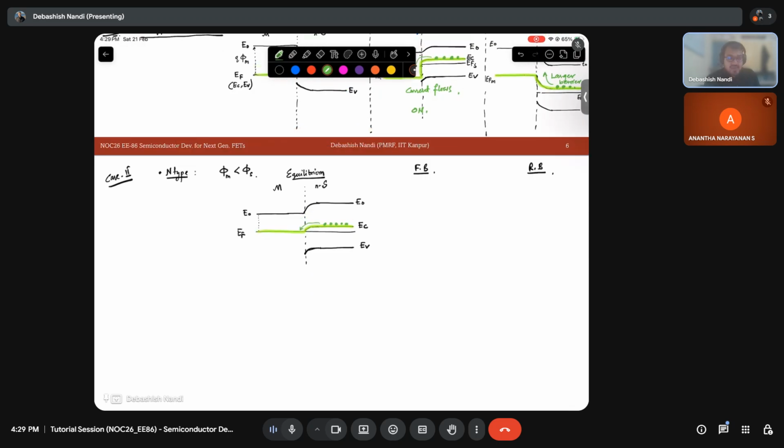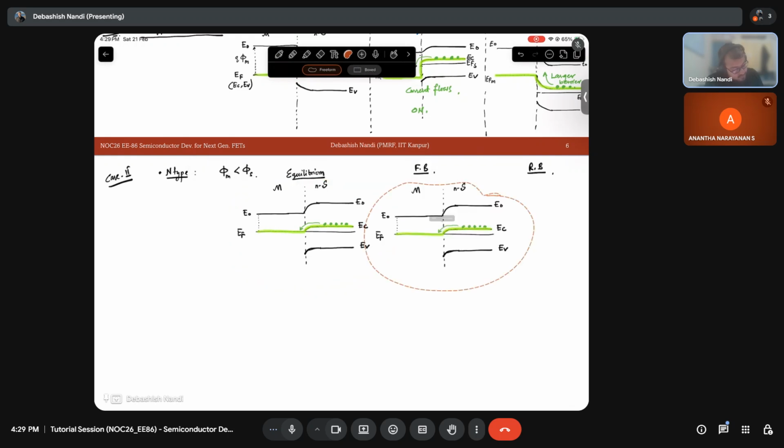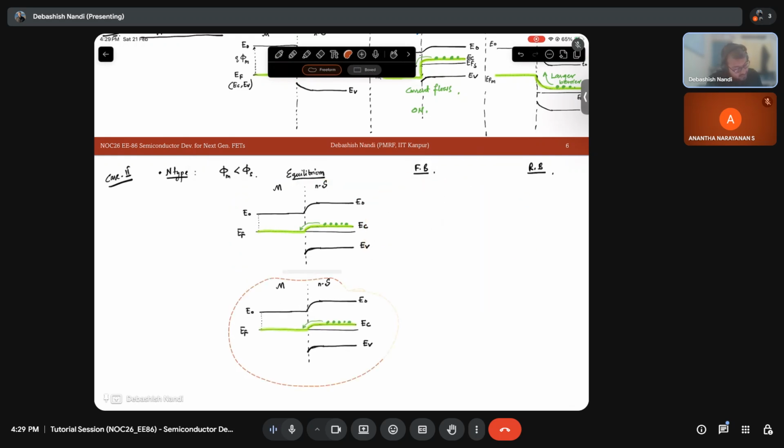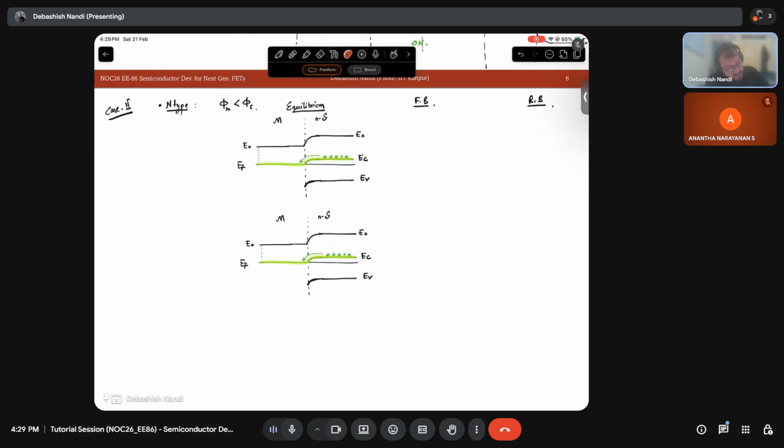Similarly, when you apply positive bias, what will happen? You can directly tell. In case of forward bias, this portion will move up. Wait a second, I'll just freshly draw.